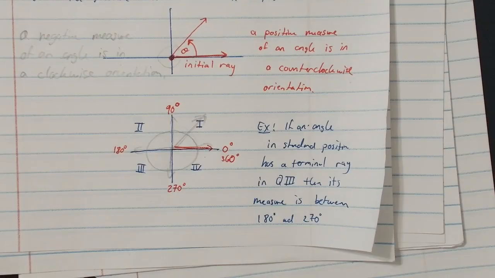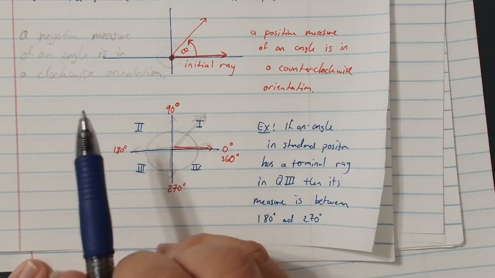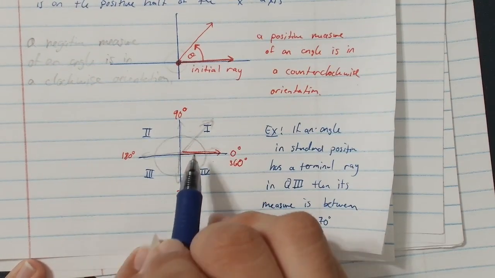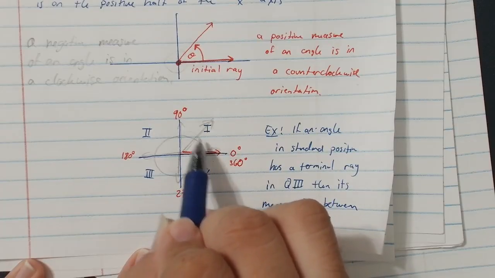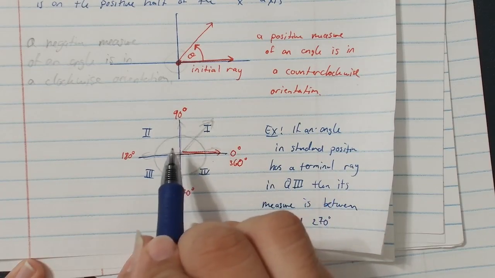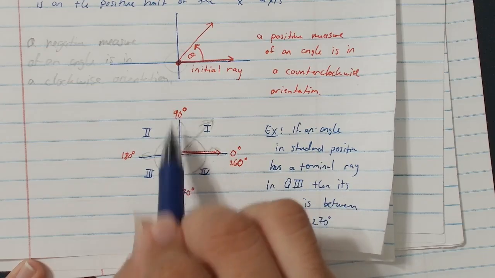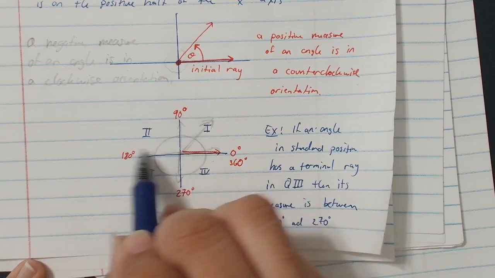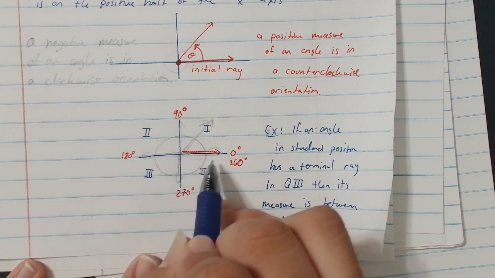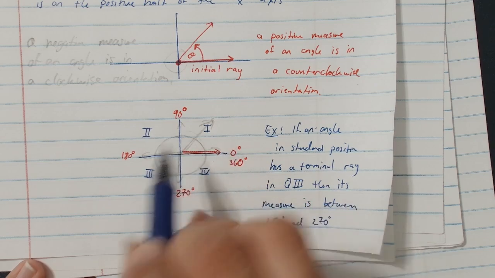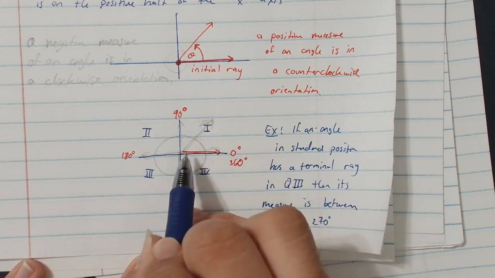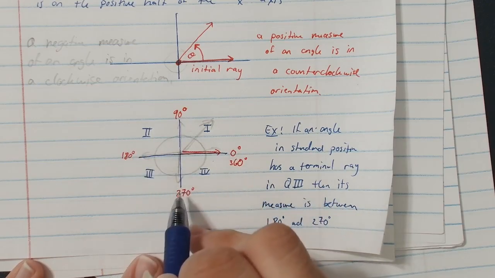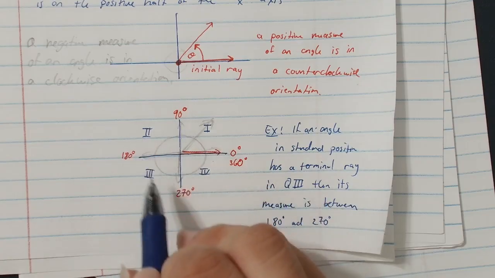Now notice that that does mean that we have a couple of angles that don't fall into any of these quadrants, because the quadrant is everything in between 0 and 90 degrees, everything between the positive half of the x-axis and the positive half of the y-axis. Same thing for anything. The second quadrant would be between these two rays, third quadrant between these two, and fourth quadrant between these two, which means that the rays that are actually on the axes, on the 0 degree, 90 degree, 180, or 270 degree, those wouldn't lie in any quadrant.